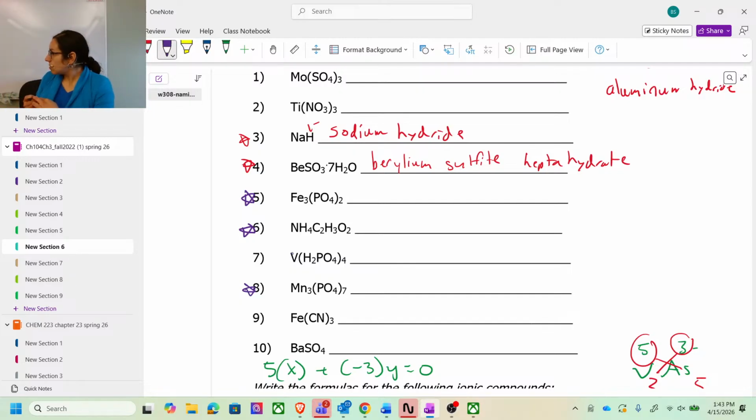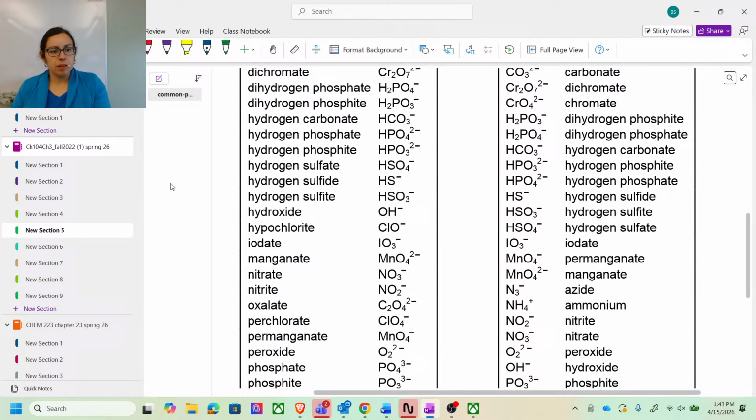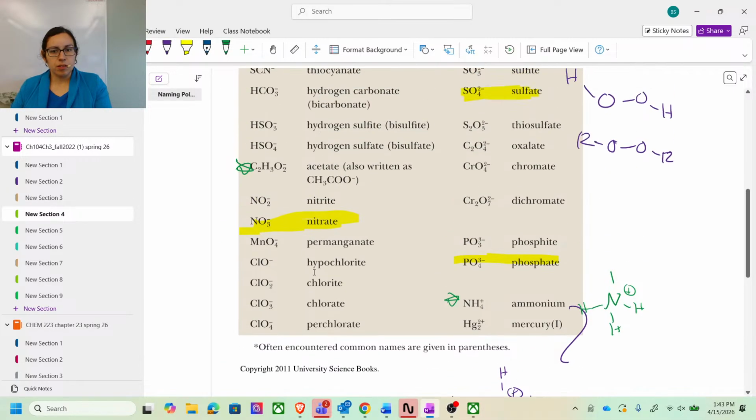So I'll give you guys, so copy these down and then I'll flip back over to our polyatomic. Then if I need to flip back, I can. I'm trying to find which one's better to see.